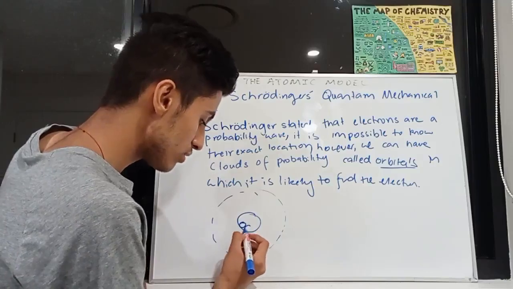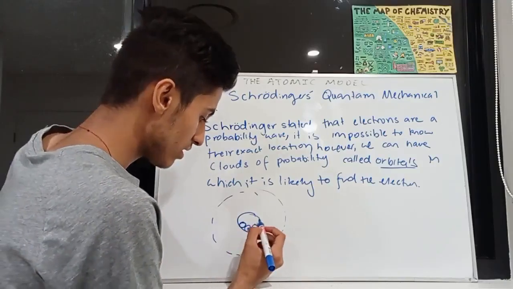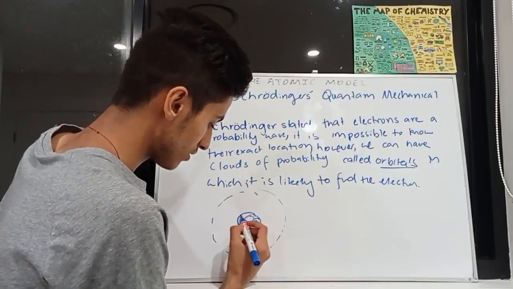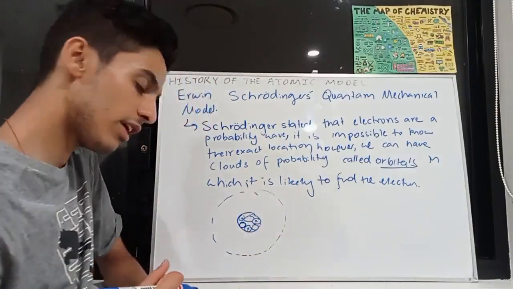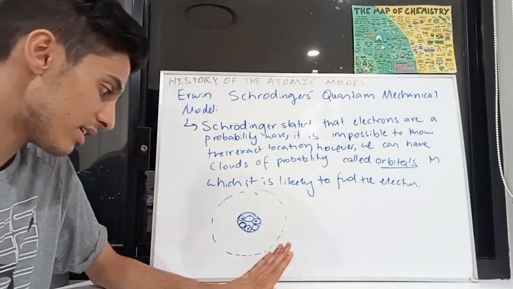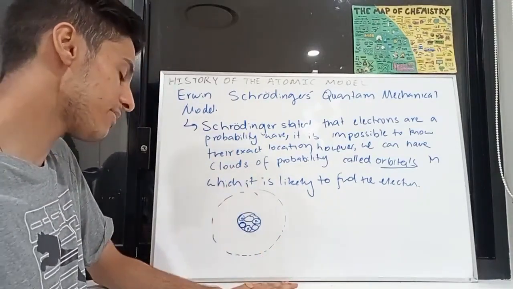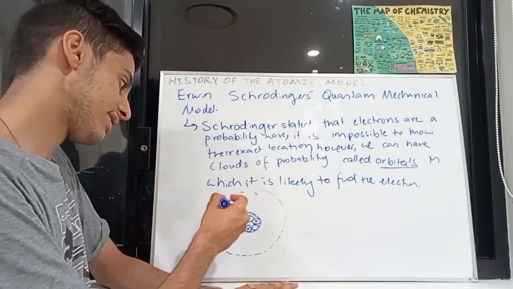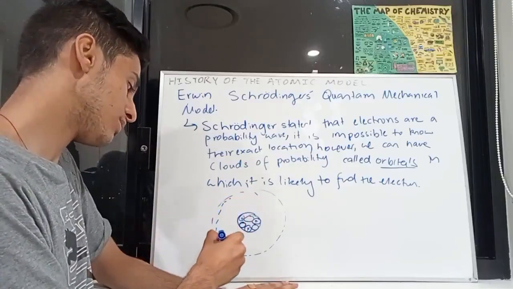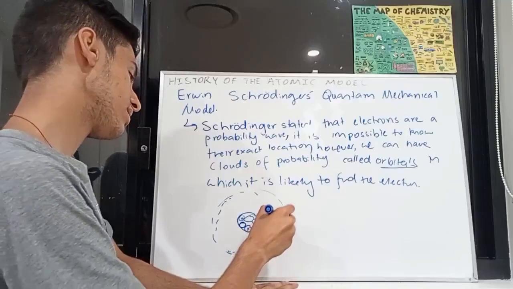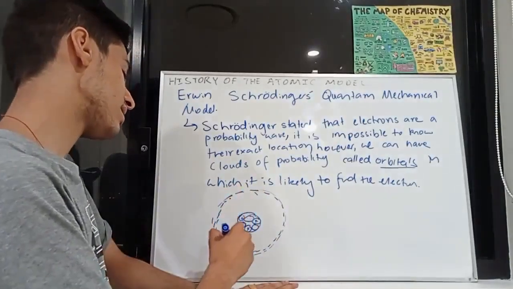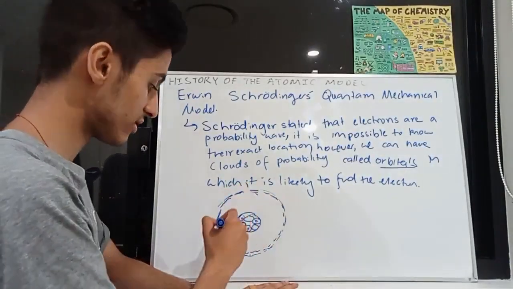So neutral, positive. Okay, so this is my atom. And the electrons are not in planetary orbits, they're not surrounded, they're just probability waves. So something like this.